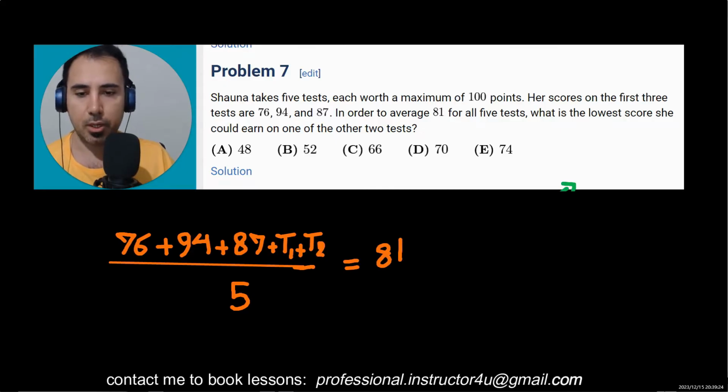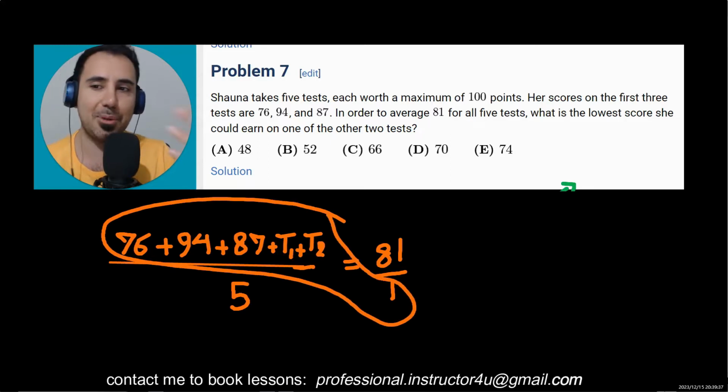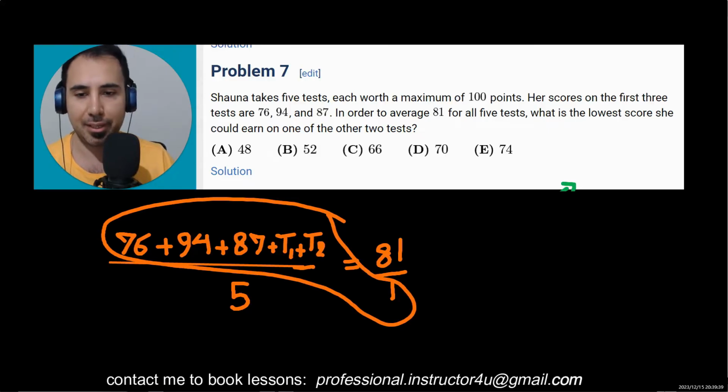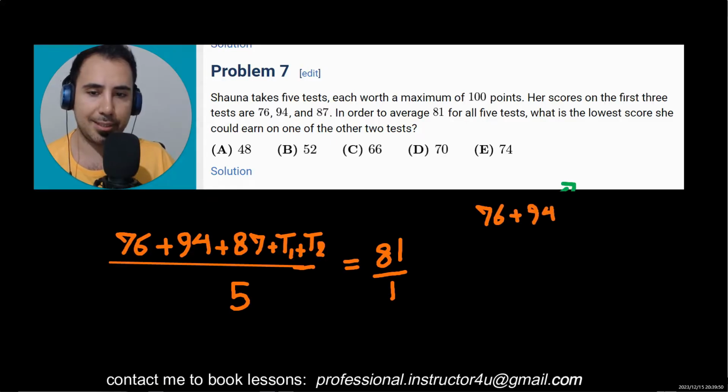So how do you simplify this? One way would be to cross multiply. That means you would take these numbers multiplied by 1, and any number multiplied by 1 is itself. So that would be the left side. I'm going to write it here: 76 plus 94 plus 87 plus T1 plus T2.